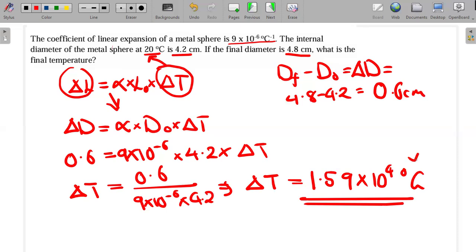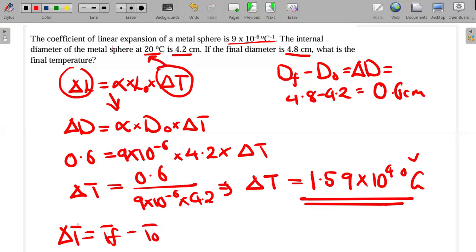This was the increase in temperature, which means this is the final temperature minus the initial temperature. So we can now use this to find the final temperature. We're going to say change in temperature is equal to T final minus T initial.